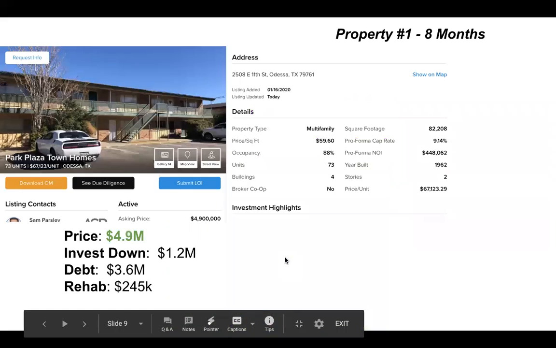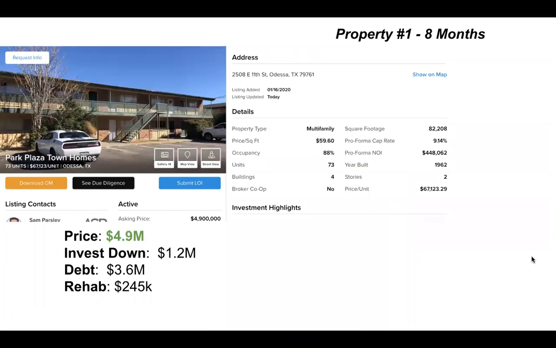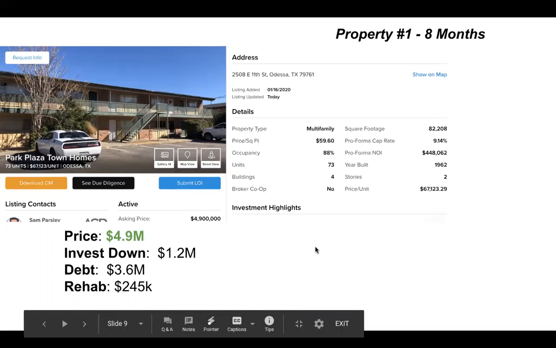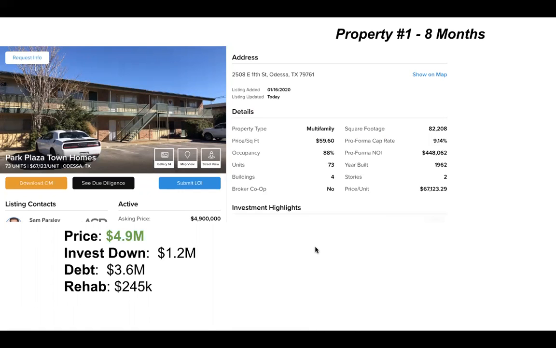Okay, so breaking it down, let's just say within the next 8 months, everything goes well with taxes, it goes well with the Airbnb, and we purchase our first property. Let's say this property is 4.9 million, and you're like, wow, there's no way that we're going to purchase a property for $4.9 million. And you're absolutely right, because we're not.